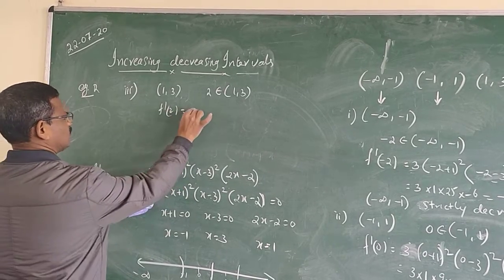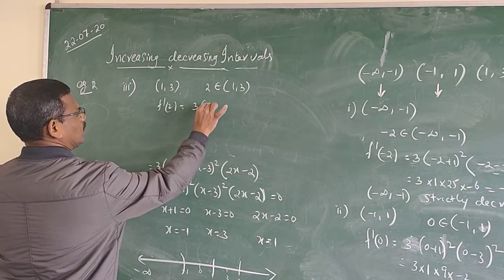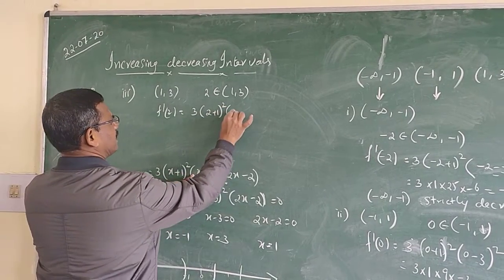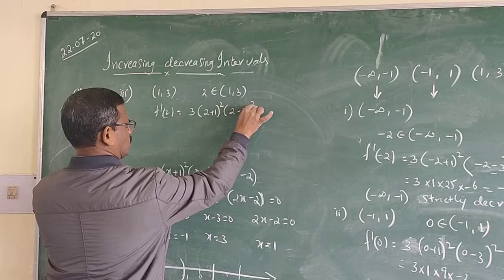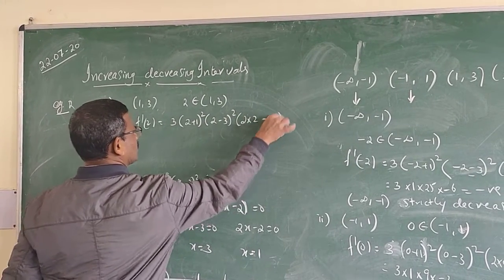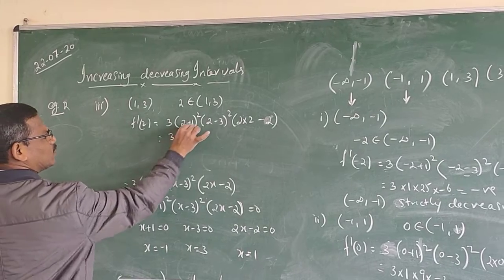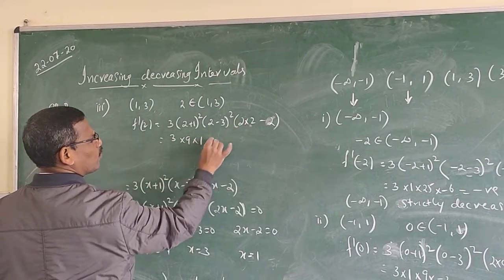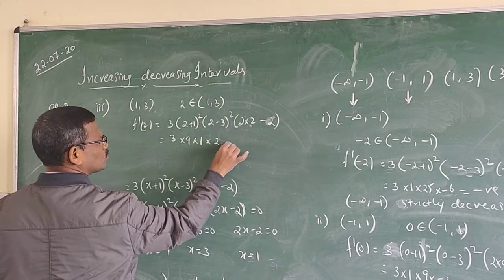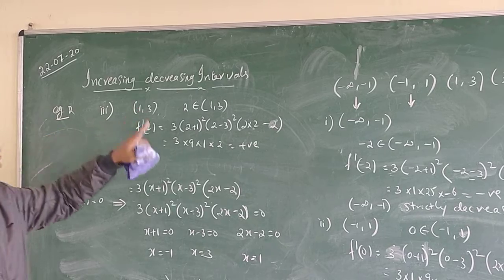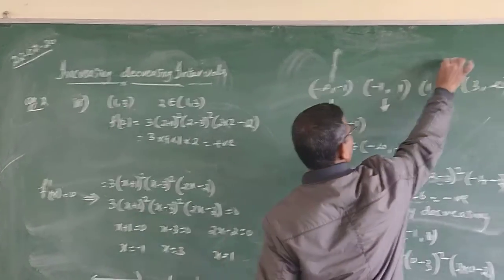It is 3(2 + 1)^2 (2 - 3)^2 (2 times 2 - 2). Here it is 3 into 9 into 1, and 2 times 2 is 4, 4 minus 2 is 2, so it is positive. So in this interval f' is positive, therefore it is increasing.